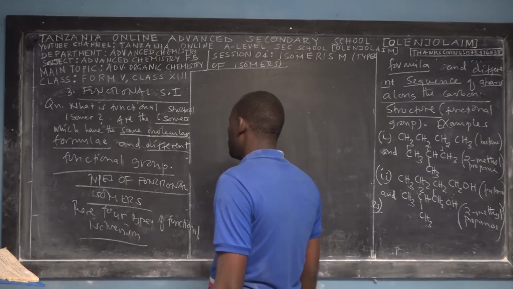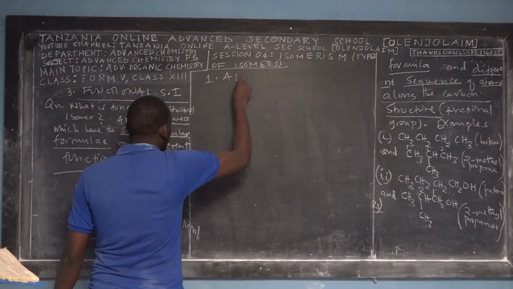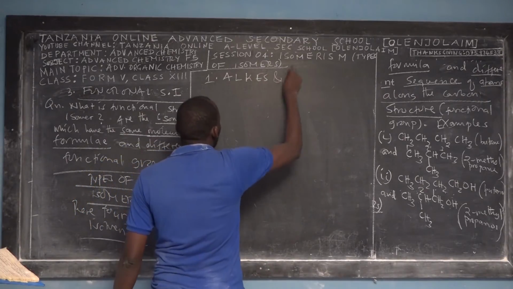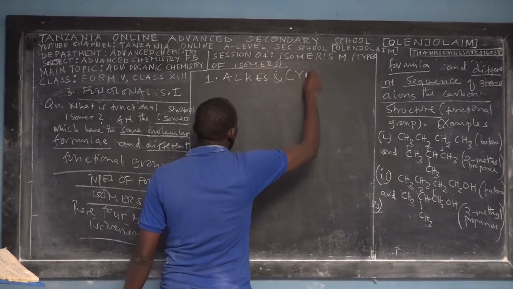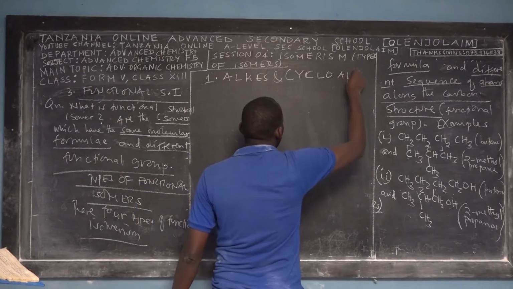Okay? So the first thing is alkenes and cycloalkanes. What does it mean?